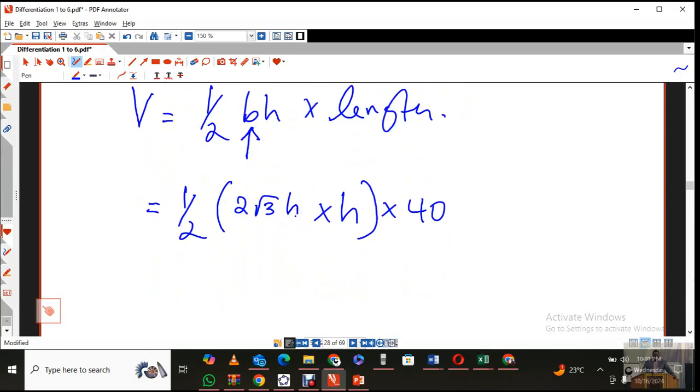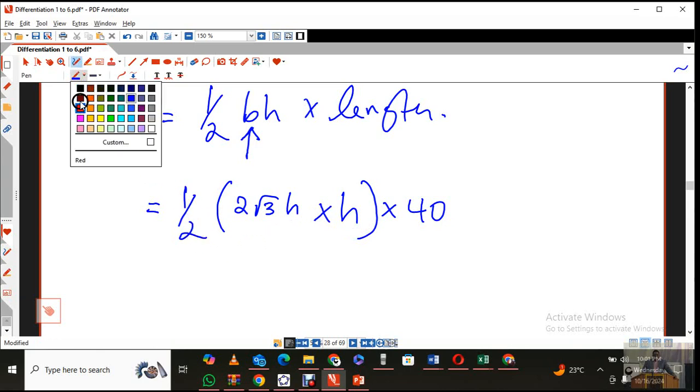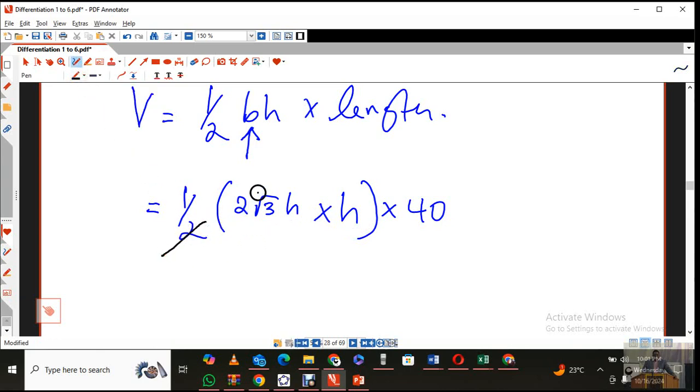Now, once you have to clean this up, you are going to see a half of 40. Well, these two cancel. H times h is h squared. 40 times root 3 is 40 root 3 h squared.